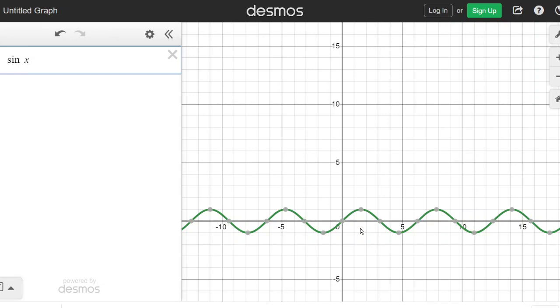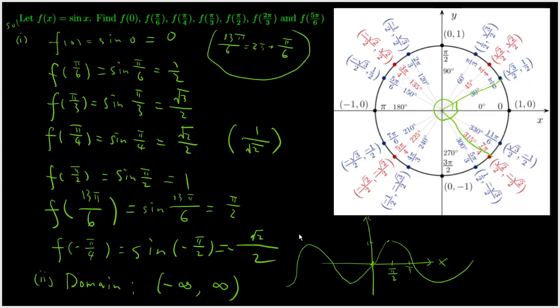You see the domain is the set of all the real numbers from negative infinity to infinity. But for the graph, I'm going to tell you a better way to write the graph.